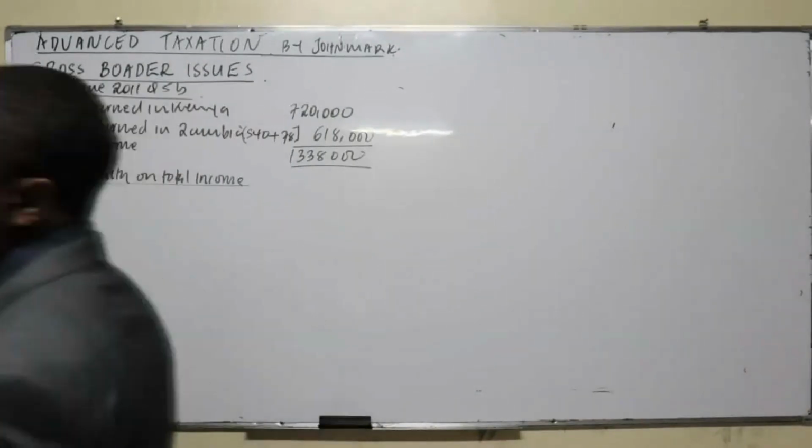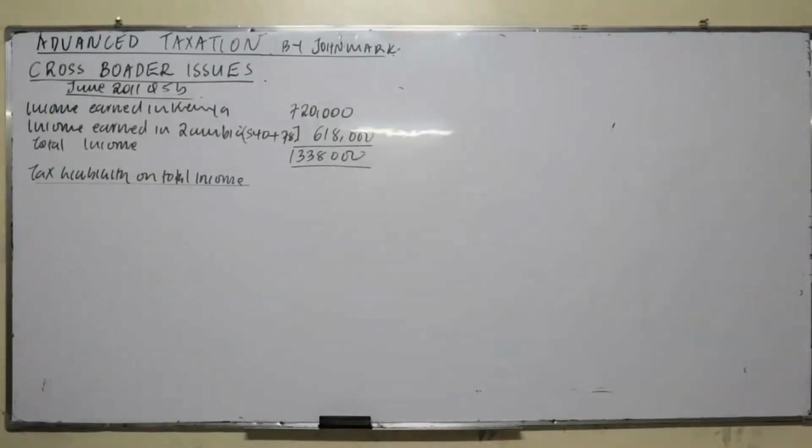I want you to use the most recent past paper, the 2022 one, because the rates keep on changing. Use this. The first page is the graduated scale rate of tax.